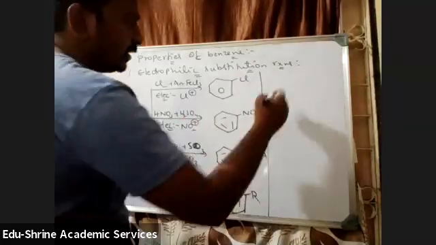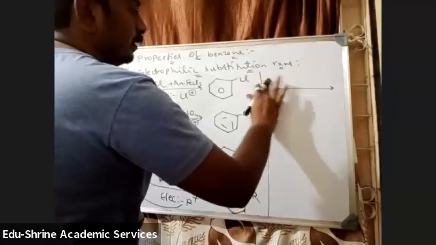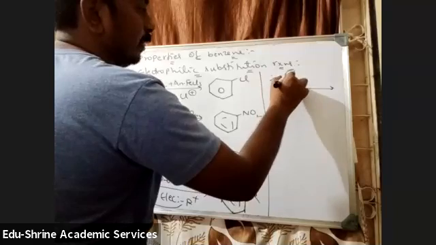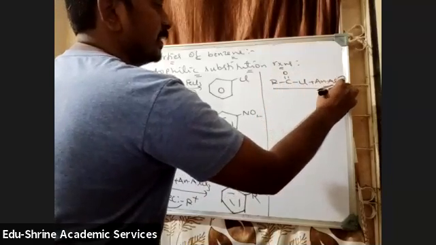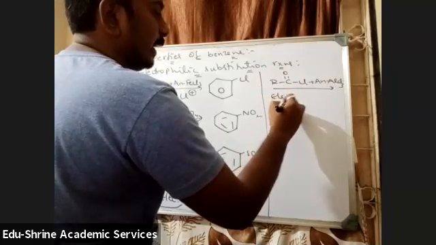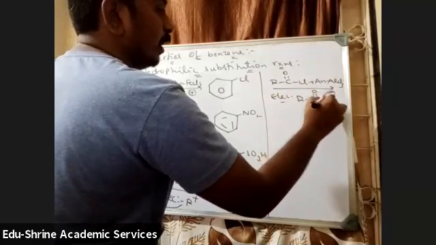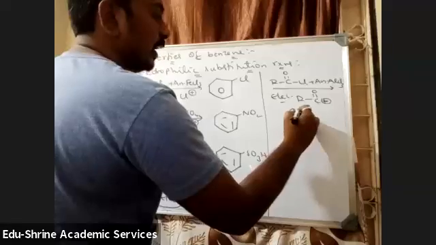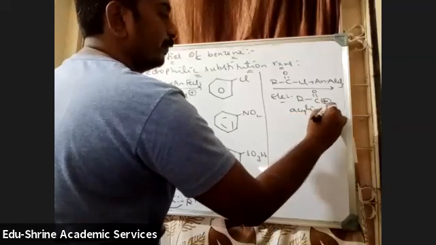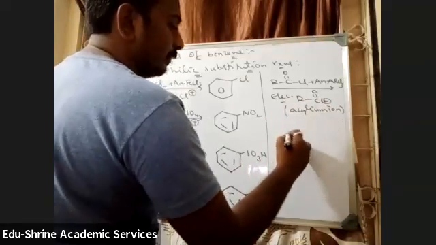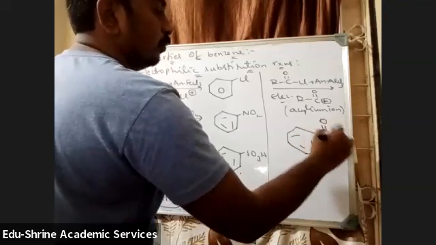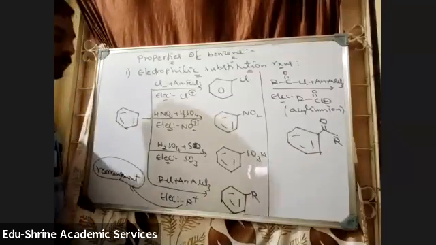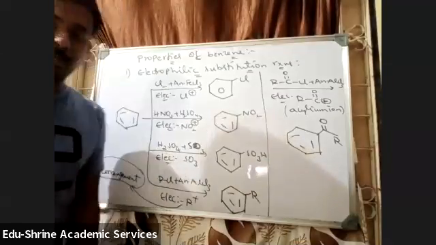Then the last one is CH3COCl, that is RCOCl, an acid halide, plus anhydrous AlCl3. The electrophile will be RCO+, which is called the acylium ion. The product will be an aromatic ketone, C=O R. So these are the 5 electrophilic substitution reactions.